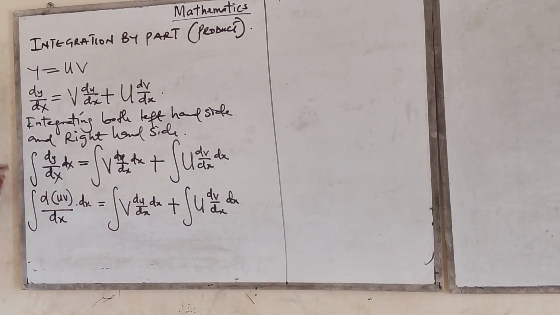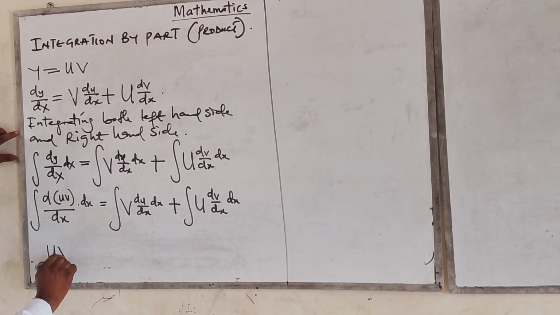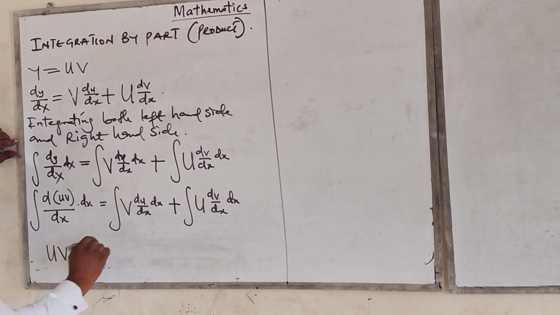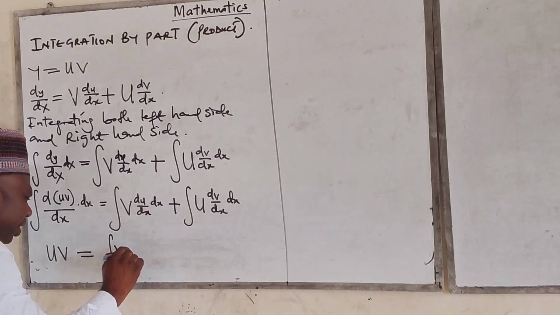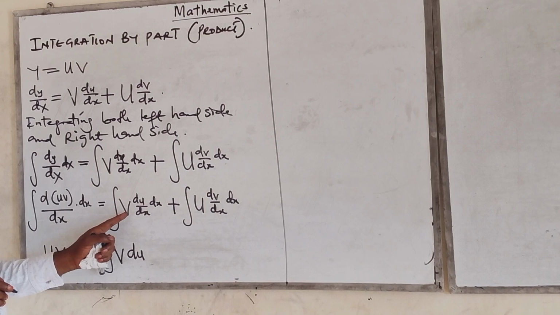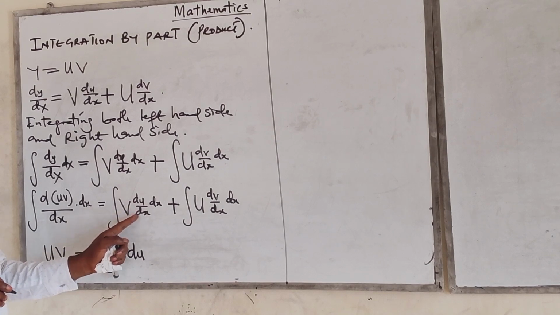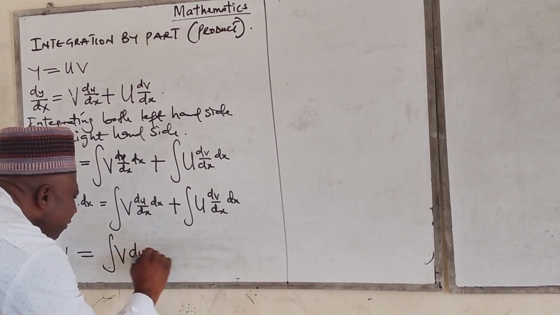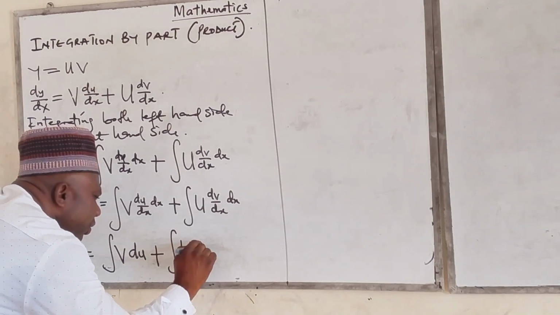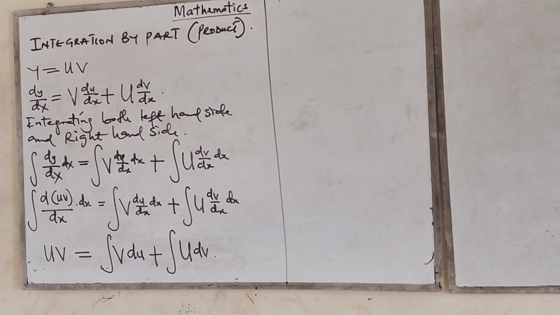When you integrate this, you'll be left with uv. This should be equal to integral v du, because this will go with this, plus integral u dv.